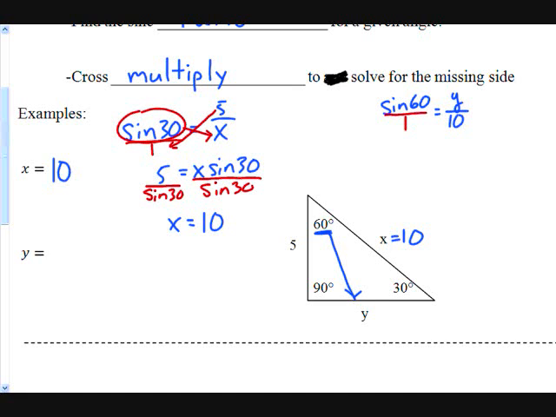So again, this is like over 1. 1 times y is y equals sine of 60 degrees times 10. Well, that I just have to plug into my calculator. 10 times the sine of 60 degrees.